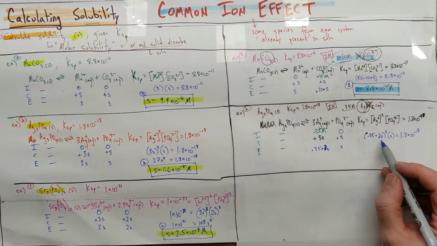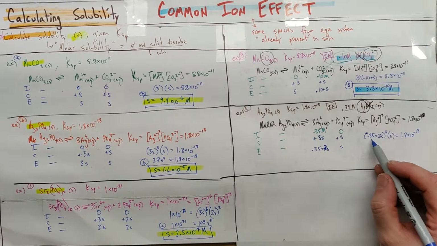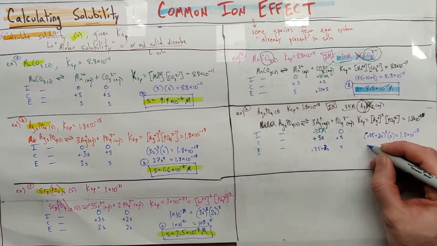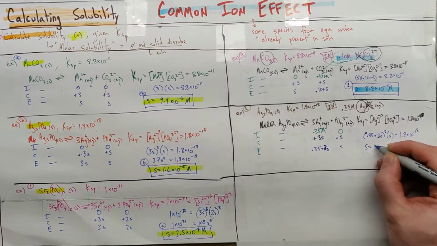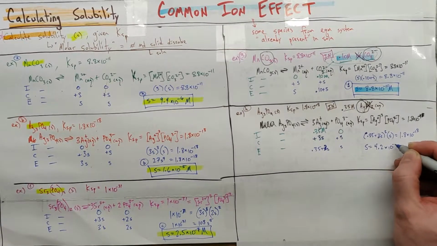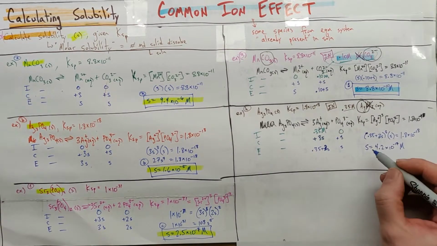Again, it's pretty safe to say that 3s isn't going to affect 0.35, so you could chop some work out of that math, but the answer regardless, s is 4.2 times 10 to the minus 17th molar.